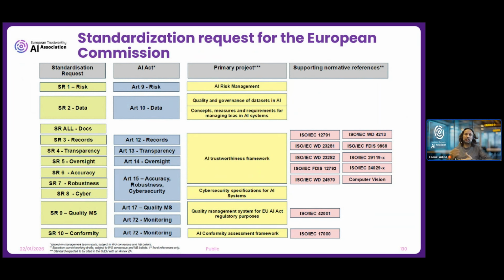If something is already defined in some standard, we just reference it.